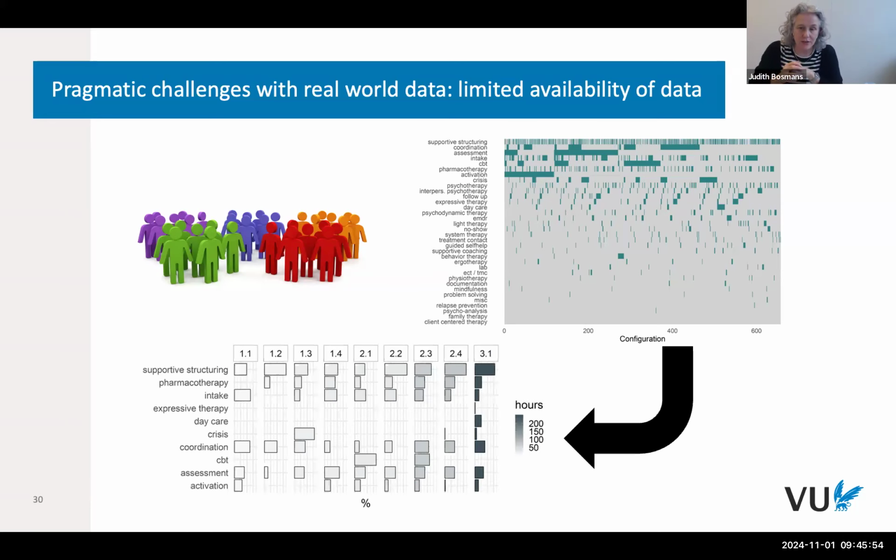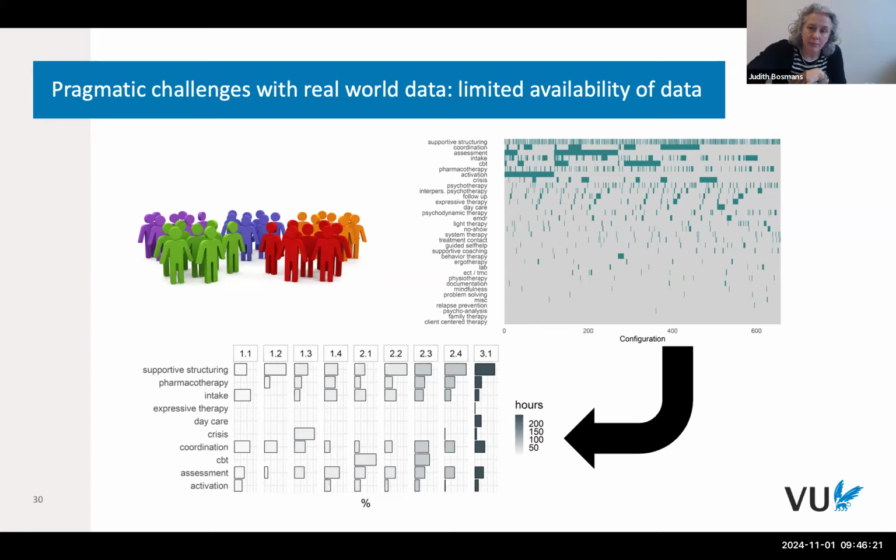So in the end, what we did is that we made combinations of different types of care data. All the 1.1, 1.2, 1.3 are different treatment types that we identified, which are actually packages of different interventions that you can provide to patients with depression within the mental health care setting.